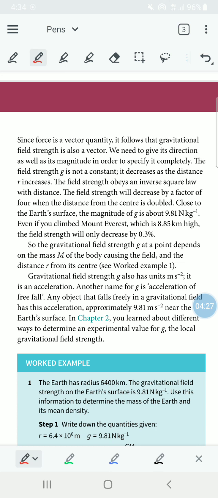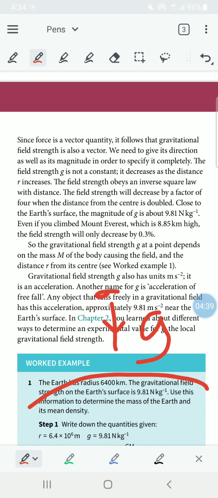Now for example, if this is the Earth's surface, and there is an object here, the gravitational field strength simple g is the attraction towards the center of the Earth, somewhere below this point. If the object rises up, the value of g reduces because this r increases.